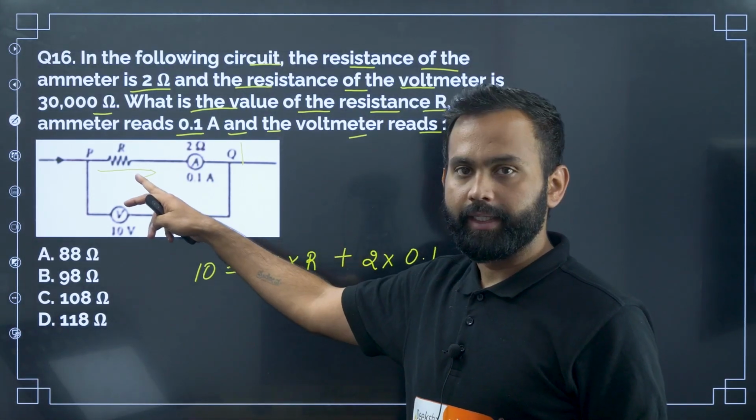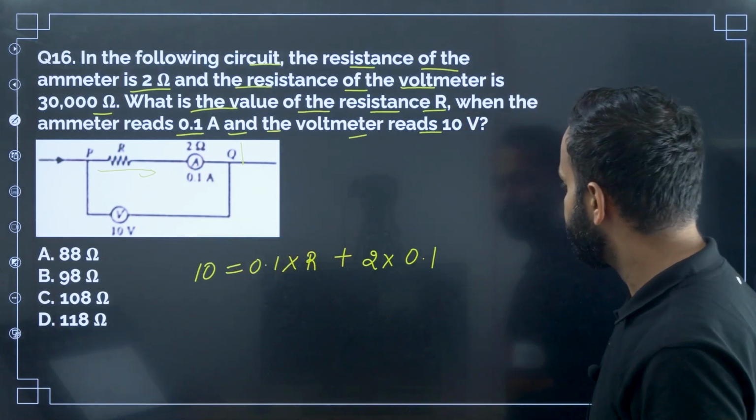These two are in series, so the current through R is the same as the current through the ammeter.